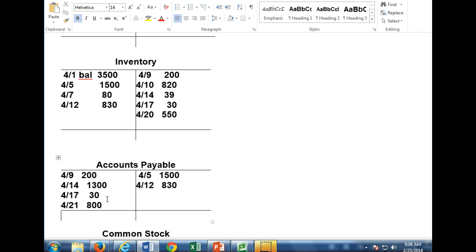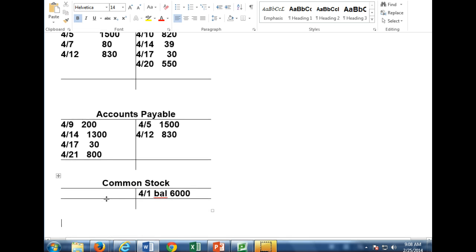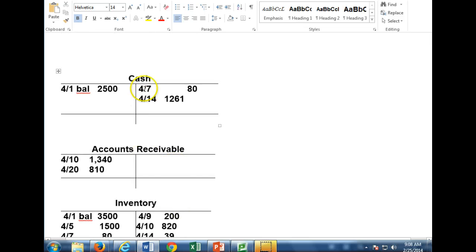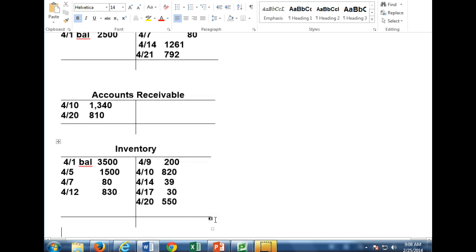And our cash is going to be how much? Credit 792. And what else happens? Inventory credited. How much? $8. And then don't we have those two transactions over there we need to finish?